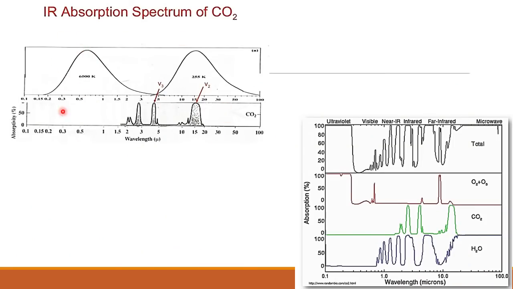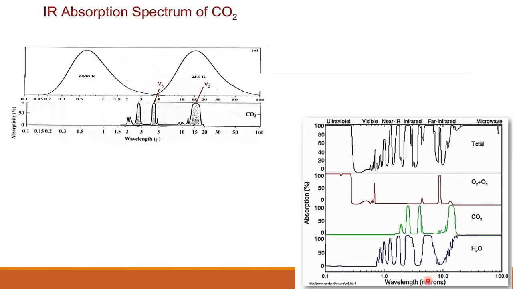In this slide, the first picture is showing the infrared absorption spectrum of carbon dioxide. Carbon dioxide, which is a heteroatomic molecule, absorbs infrared radiation. The major absorption peak of carbon dioxide is at 4.25 micrometers, with secondary peaks at 2.66, 2.77 and 14.99 micrometers.